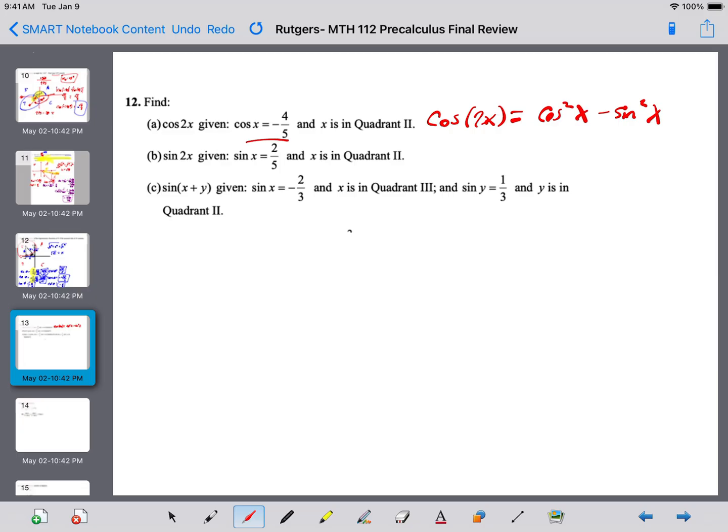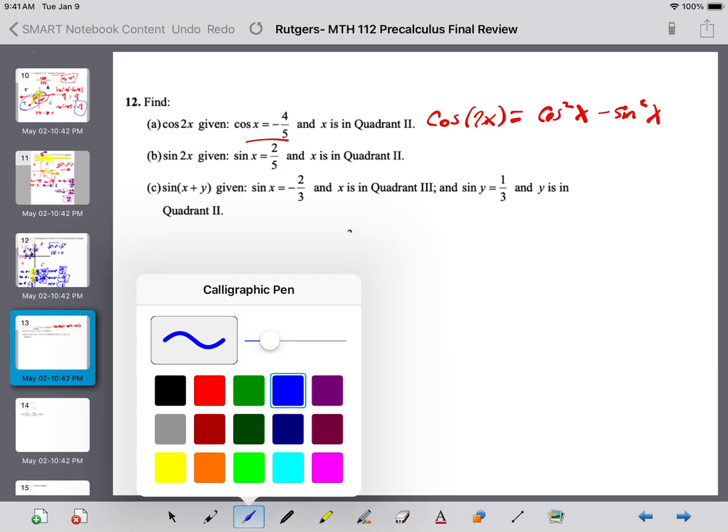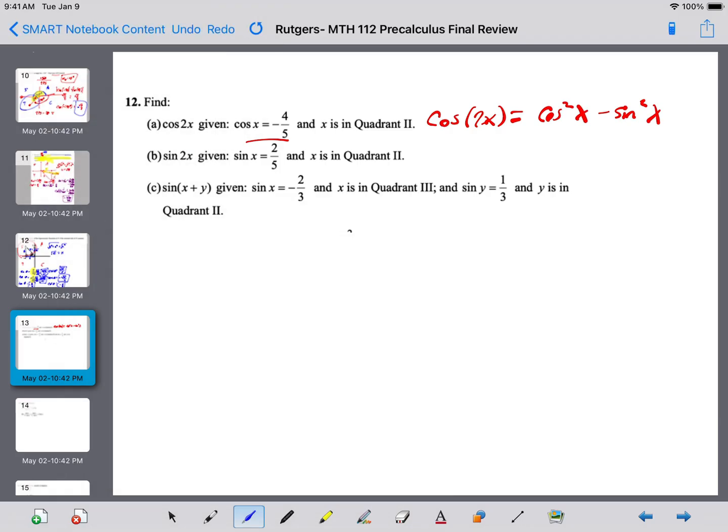We have what cosine equals. We don't have what sine equals. To find that, we could use our Pythagorean identity: sine squared plus cosine squared equals 1. So cosine is -4 over 5.